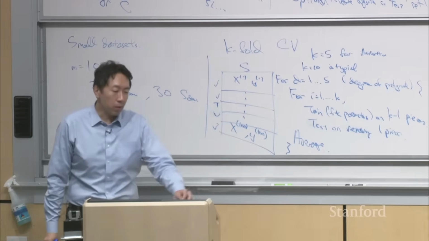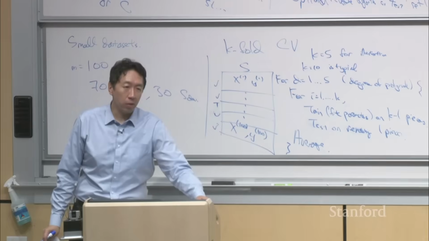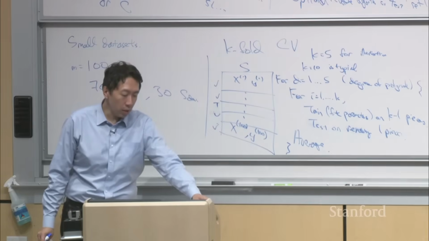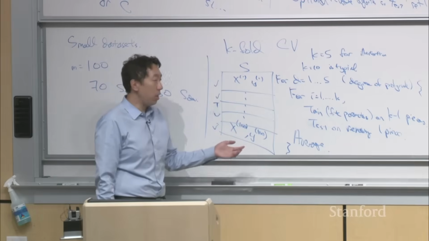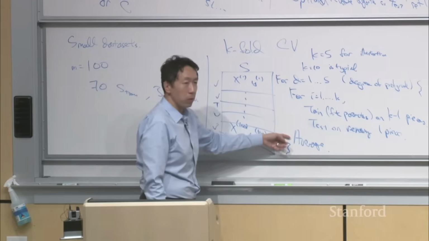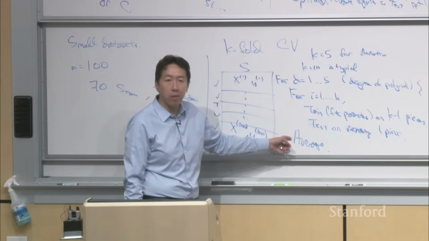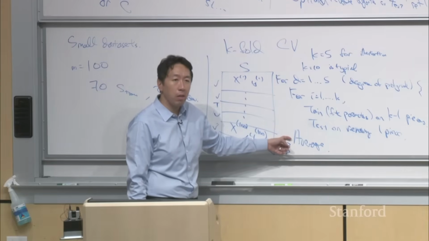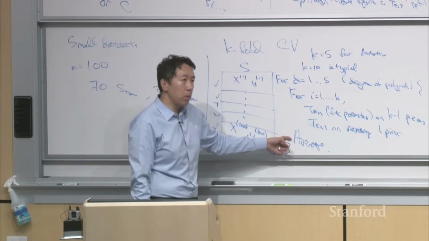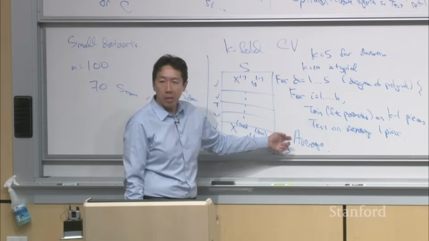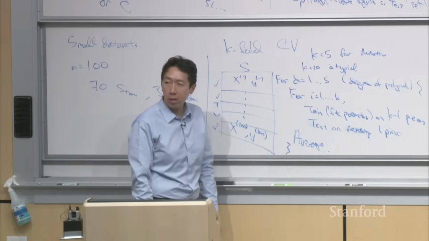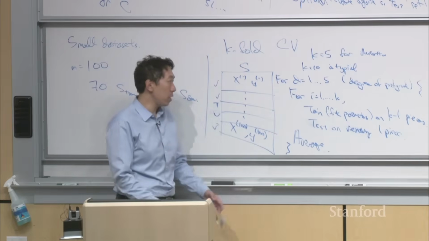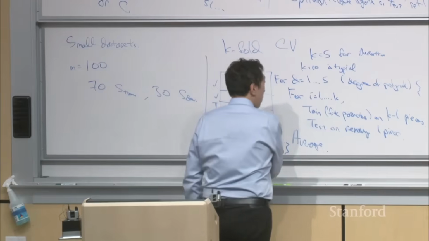After doing this for every order polynomial from 1, 2, 3, 4, 5, for each of these models you then average the 5 estimates you have for this error. And then you would pick the degree of polynomial that did best according to this metric. And then maybe you find that the second order polynomial does best.